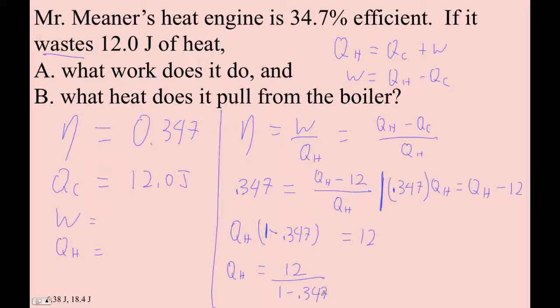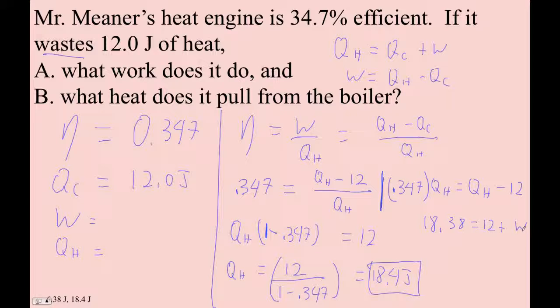This is a lot of work to do. Okay, but let's just do it. So 12 divided, see if we get the right answer, right? So 1 minus 0.347, and that's 18.4 joules, which is indeed the right answer, right? And then I can just get my work from that, right? 18.4, it's 18.38, is equal to 12 plus work, right?